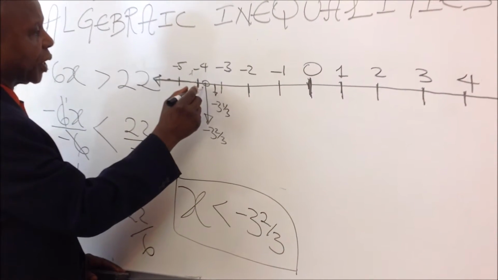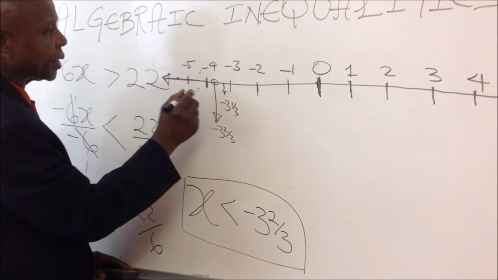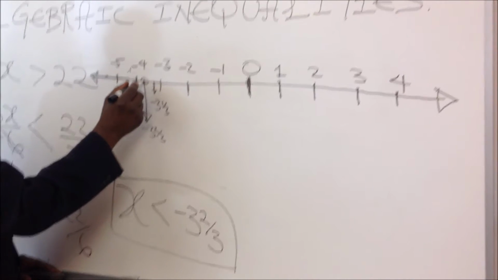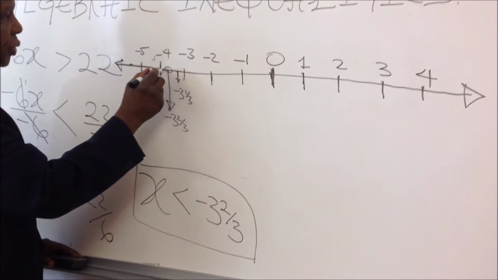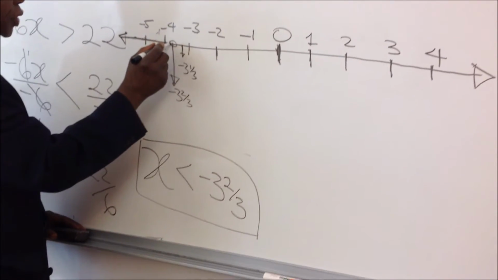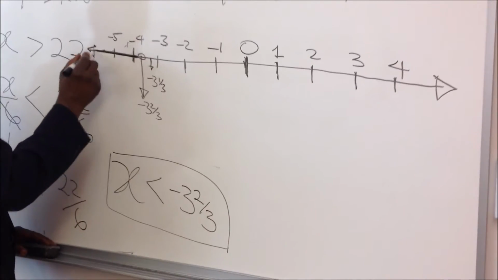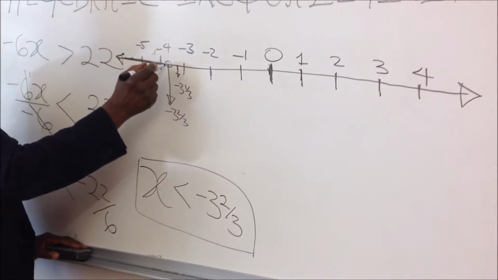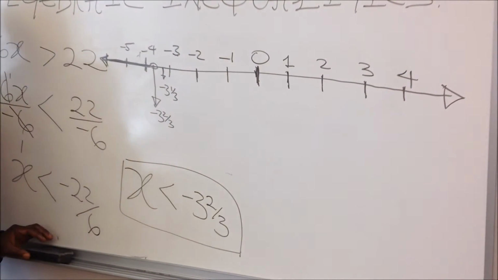So therefore, everything to the left of negative 3 and 2/3 will be a solution to the inequality. Notice, negative 3 and 2/3 is not a solution, but everything less than that quantity is a solution.